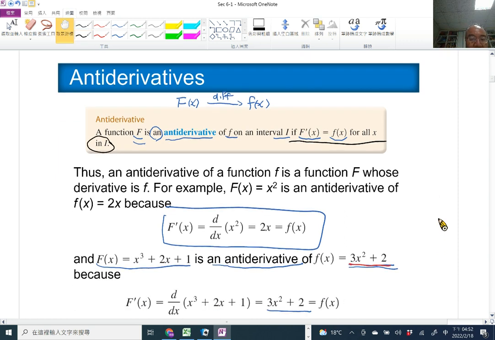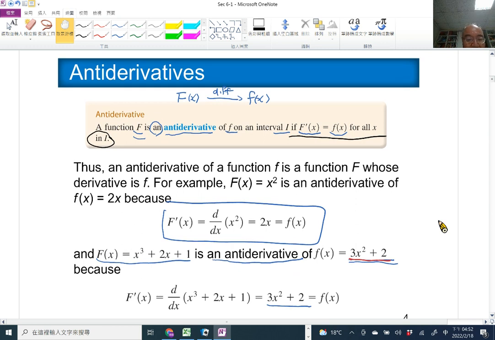Okay. Now back to our previous example. If a function is equal to 2x, what will be the original function of the derivative? And we know one of the answers is x squared. So we will say x squared is an antiderivative of 2x.